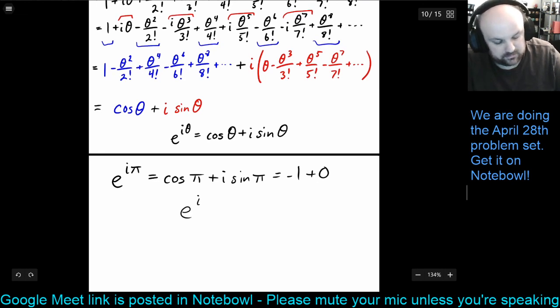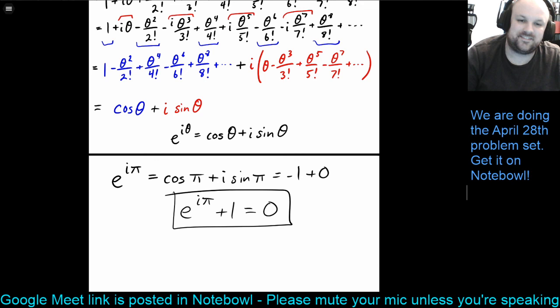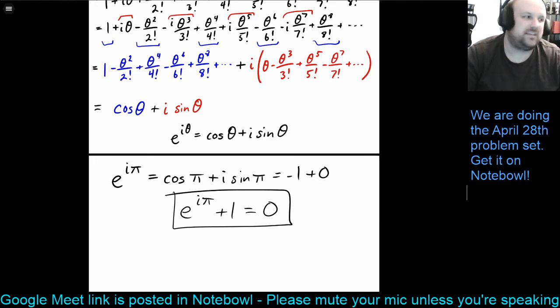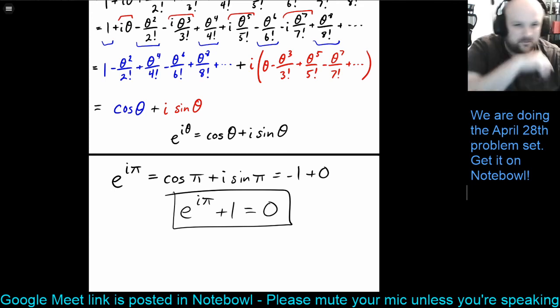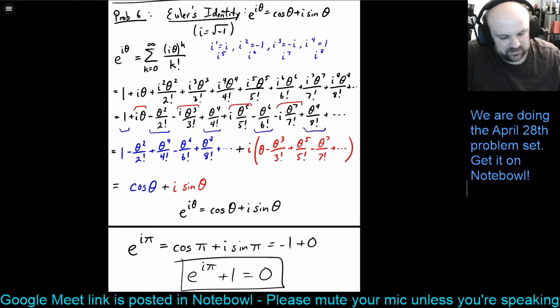So this gives you this formula here, which is known as the most beautiful formula in mathematics, because it relates e, i, pi, 1, and 0 all in the same equation. All of these famous constants of math all together in one equation. So quite a bit of interesting stuff going on here.